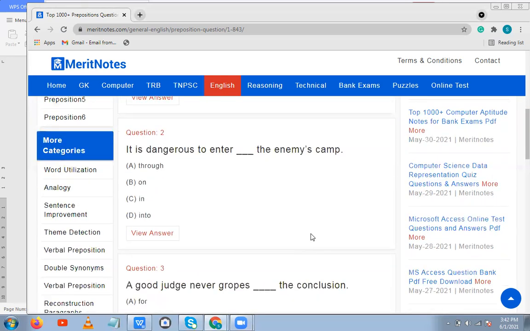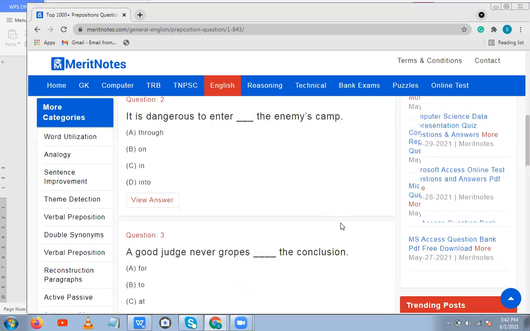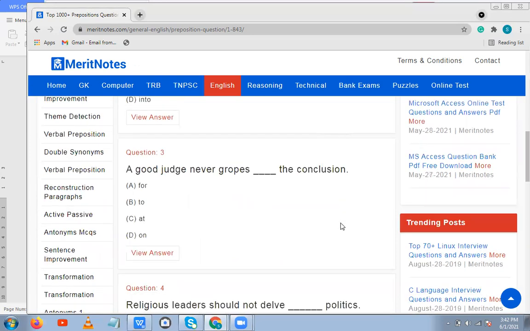Yes, ma'am. It is dangerous to enter dash the enemy's camp. Done? Yes, ma'am. A good judge never gropes dash the conclusion.